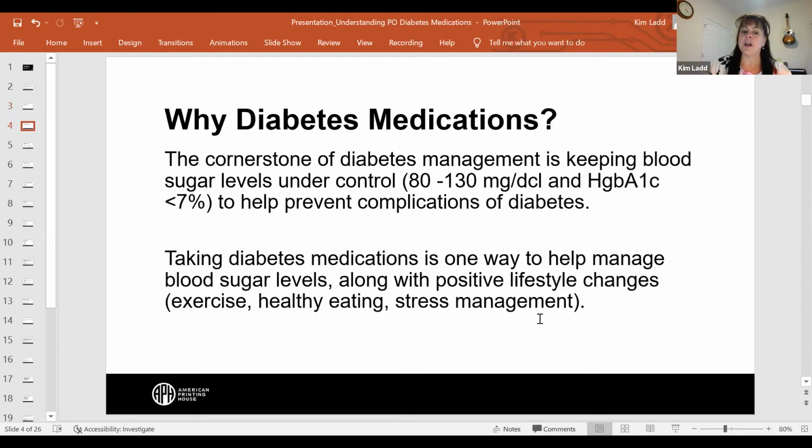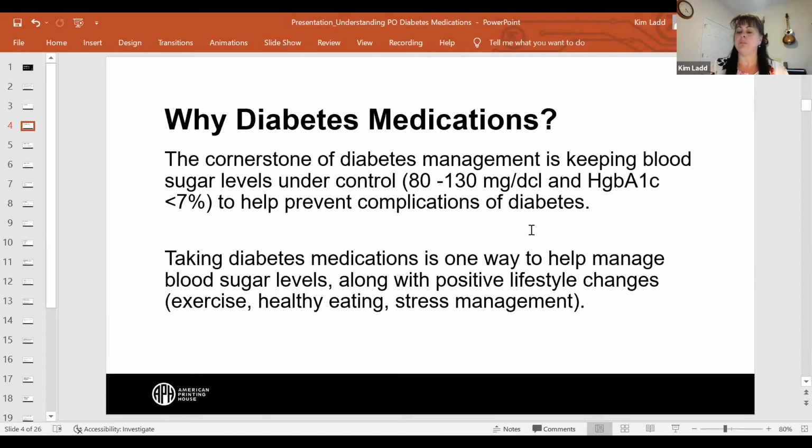So sometimes you need diabetes medications to help keep your blood sugar level within a normal range. The cornerstone of diabetes management is keeping that blood sugar level under control, meaning your blood sugar level is between 80 to 130 if you check it with a finger stick, or the hemoglobin A1C, which is that test that you get done in the doctor's office that shows what your blood sugar level has been over the previous 3 months.